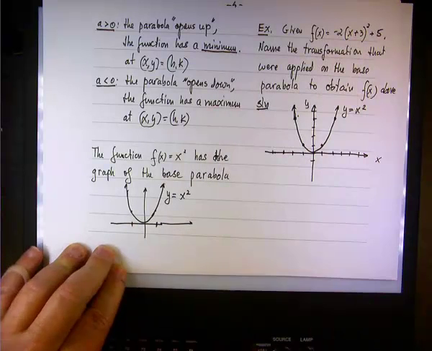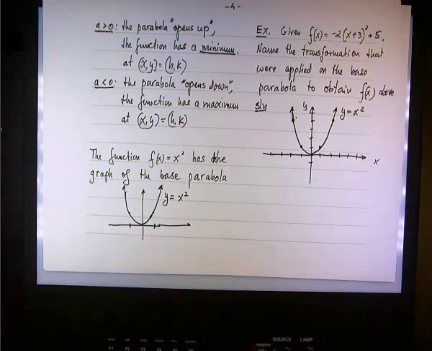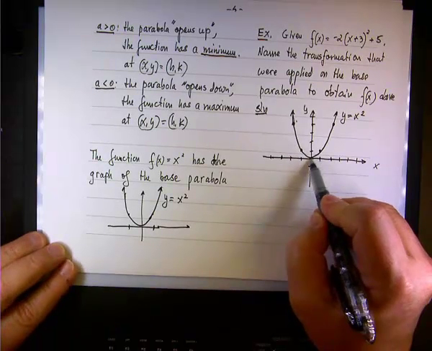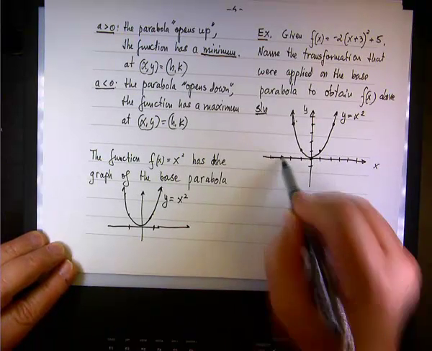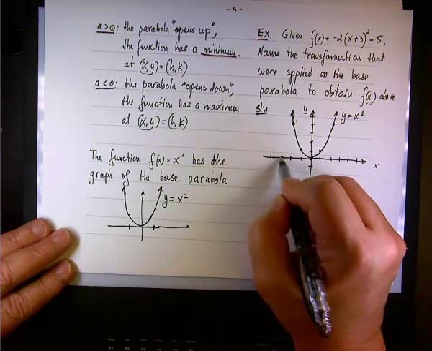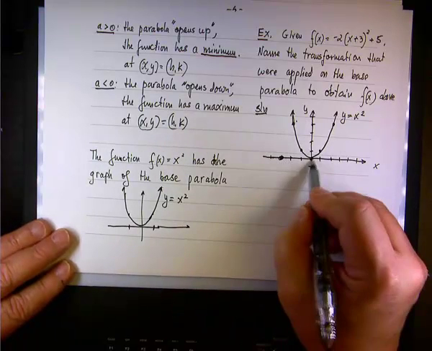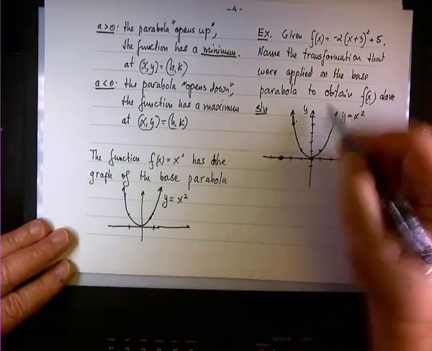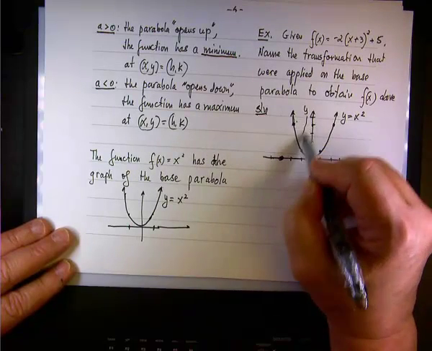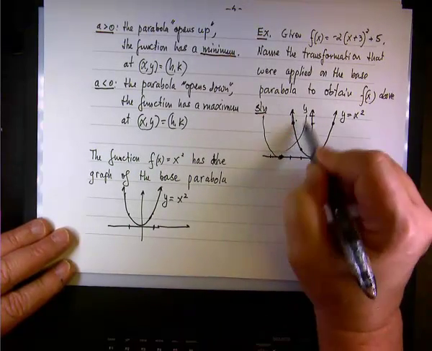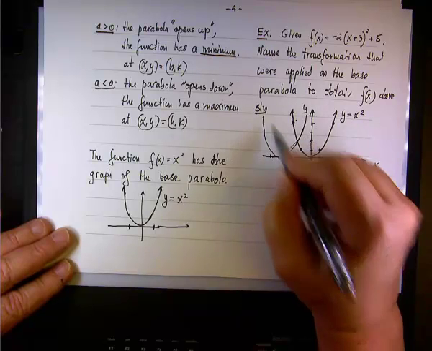We simply move the parabola to the left. So the vertex was at (0, 0). Now the vertex will be at (negative 3, 0). Okay? And the shape will be the same thing. So it will be something like that. That will be the first step. I don't know if I need to draw it.